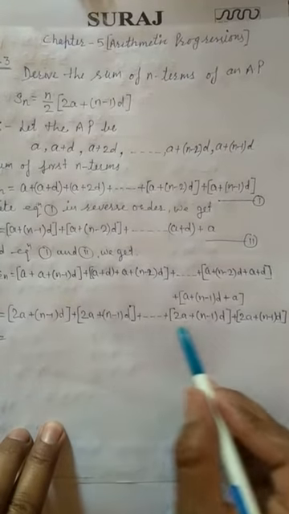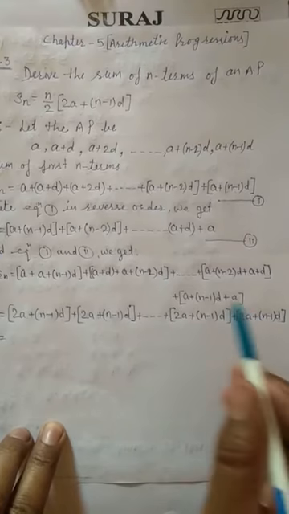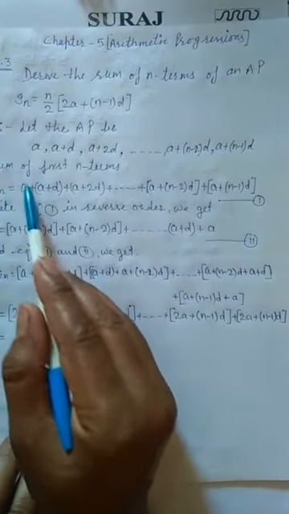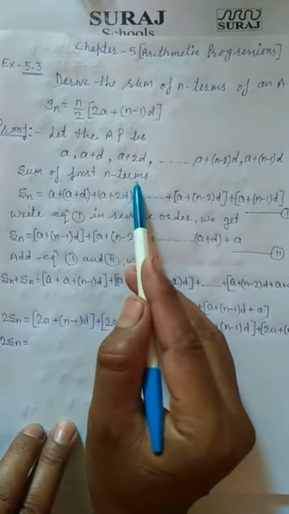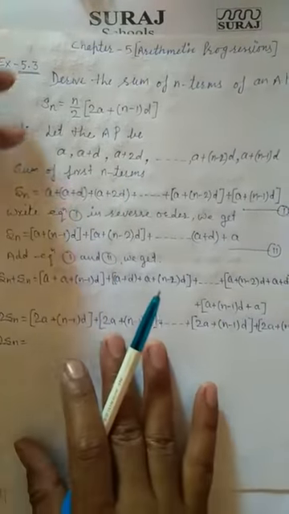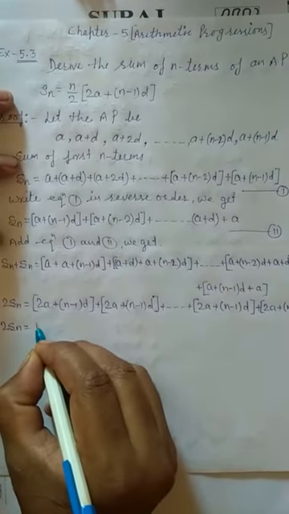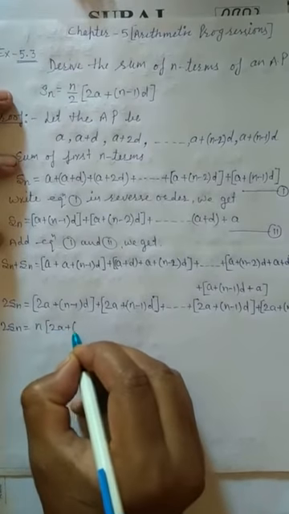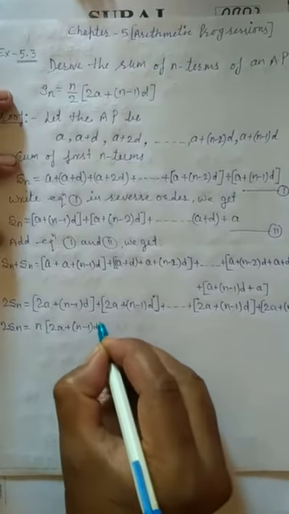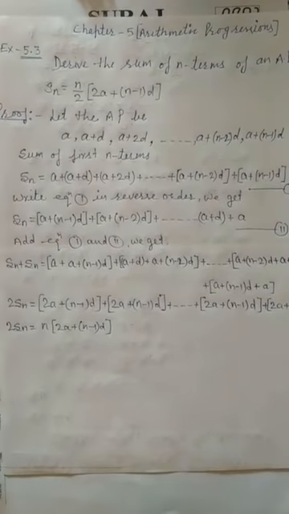How many times are these, students? They are n times, because here is the sum of the first n terms. How many terms? n terms. So we can write it as n times, n into (2a plus (n minus 1) into d).